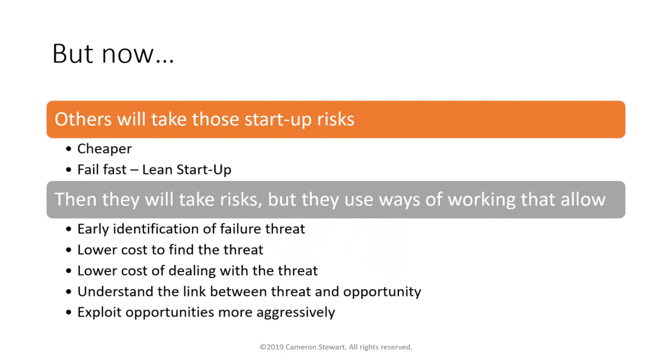And those who start up will take risks, but they use ways of working that allow early identification of failure threat. They might use agile ways of working, the capital A, the uppercase A ways of working. They might have a lower cost to find the threat that's going to impact them. A lower cost then of dealing with that threat because the overall exposure is so low. And they understand better the link between threats and opportunities.